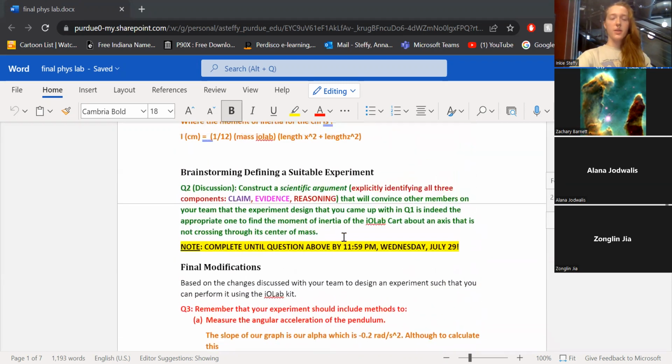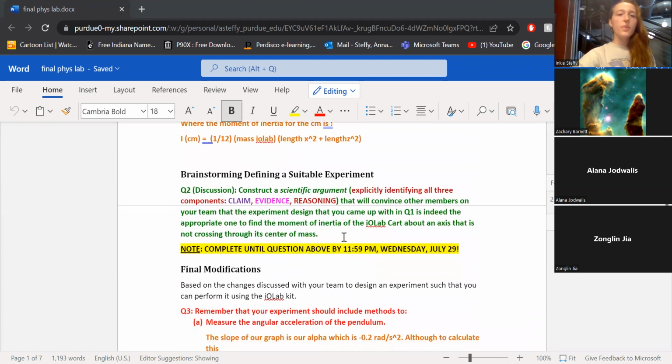Our first discussion question has to do with constructing a scientific argument that convinces everybody about how to find the moment of inertia using the IOLAB about an axis that is not crossing through its center of mass.